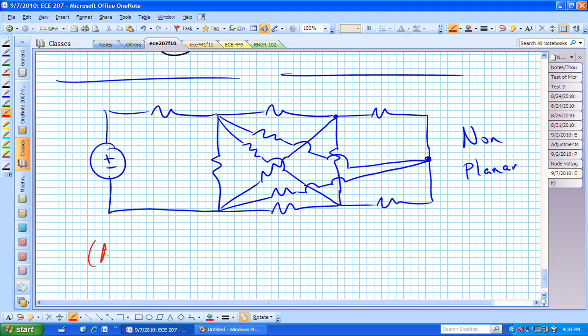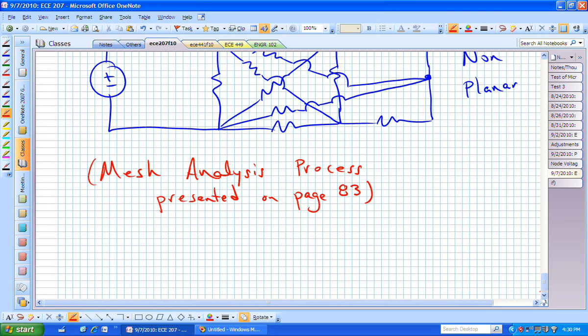Here's our mesh analysis. Let me just tell you where it's located. The mesh analysis process is presented on page 83. This too has a wrinkle.